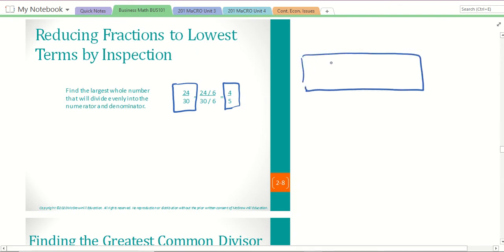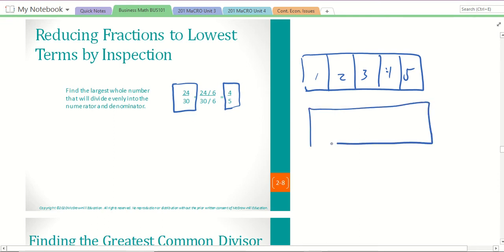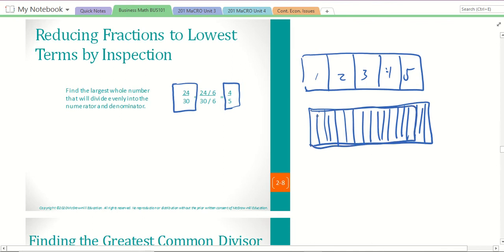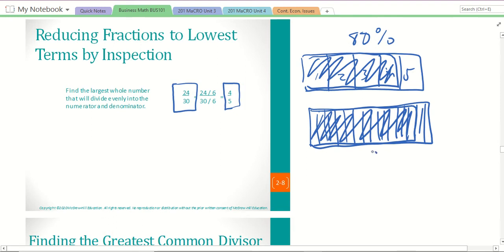If I were to break up a candy bar into 1, 2, 3, 4, and 5 pieces, or if I were to break up the same candy bar into 30 pieces, we'll just imagine that that's 30 pieces, and I gave you 24 pieces of that, or 4 pieces of the other candy bar, it's the same. It is 80% of the candy bar that I'm giving you. It's just how we decided to divvy it up.